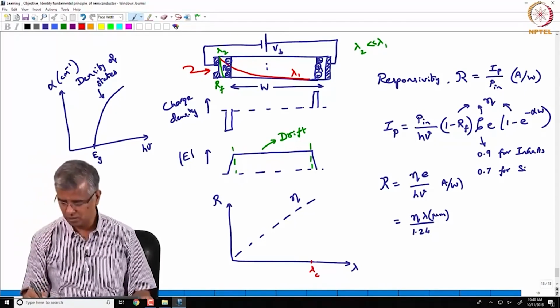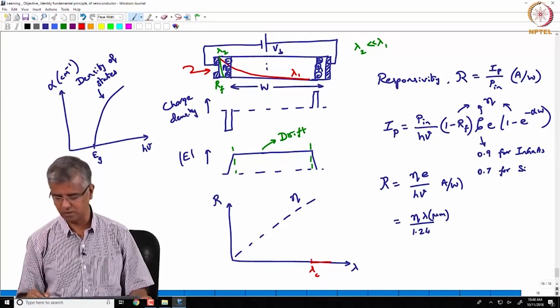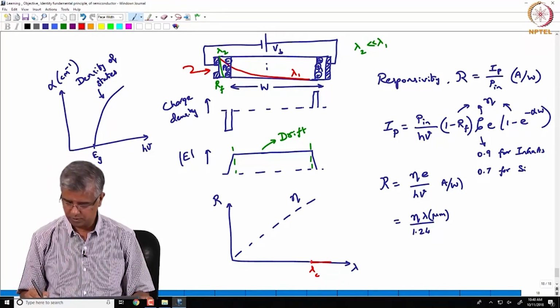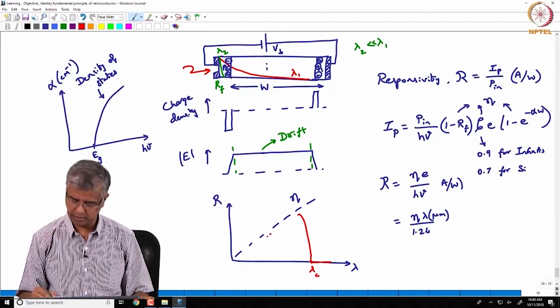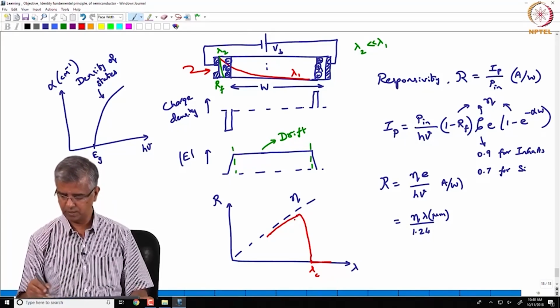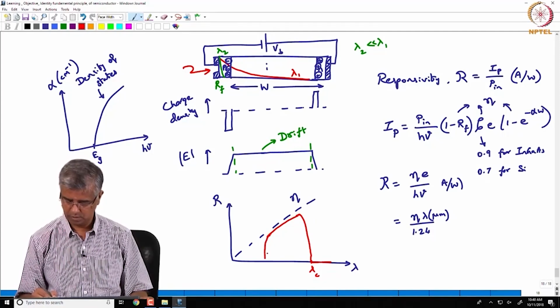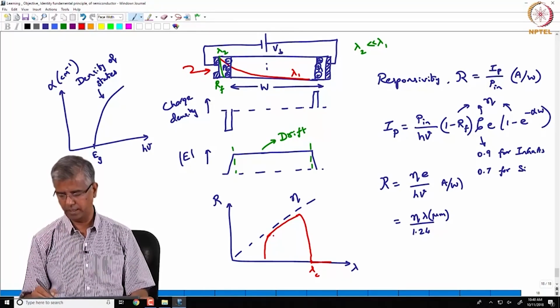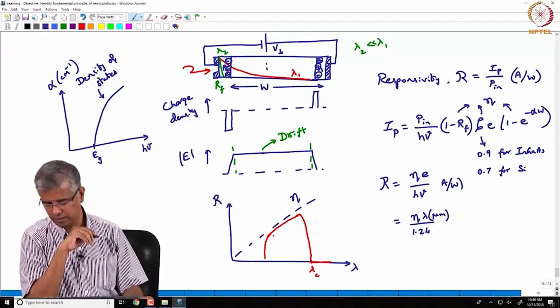So, there is zero responsivity beyond this. But within this, it is going to increase, and then it is going to be guided by your value of eta, and then it is going to drop off, right?